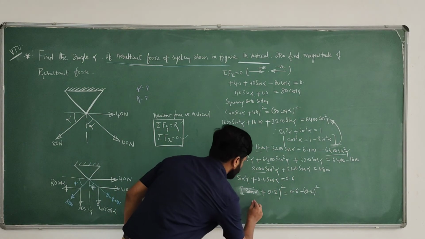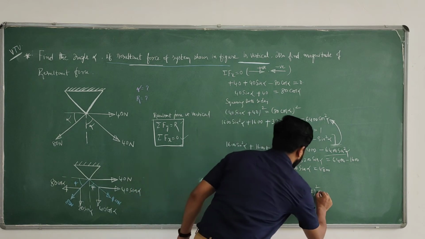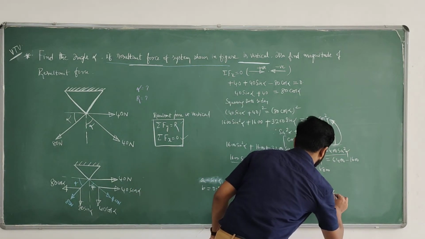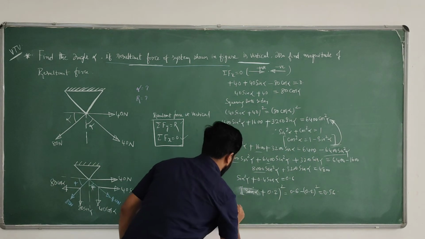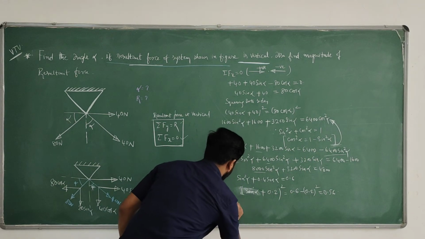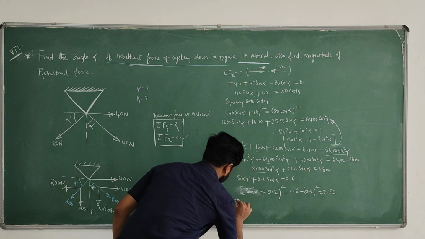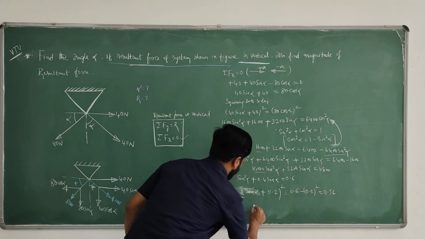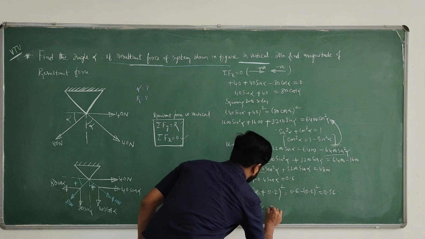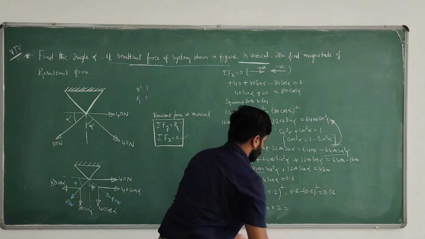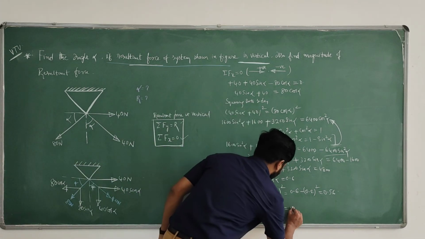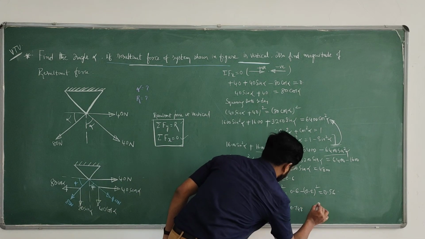So now you are getting this value as how much? 0.56. Now take square roots. If you take square roots, you are getting sin alpha plus 0.2 equals square root of 0.56, which is 0.748.